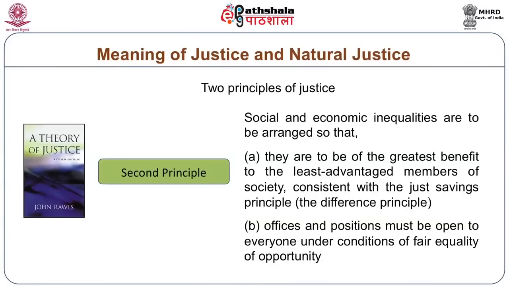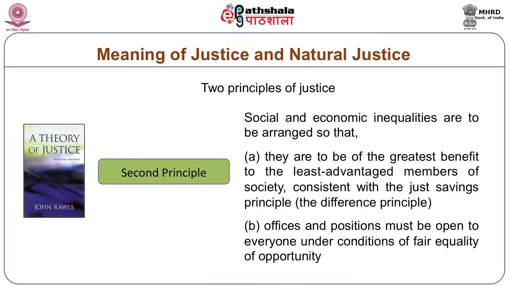The second is more towards equality rather than liberty. It suggests that social and economic inequalities are to be arranged so that two conditions apply. The first is that they are to be understood to give the greatest benefit to the least advantaged members of society. So if you deviate from the liberty principle, you should do it to such an extent that it only advantages the least advantaged.